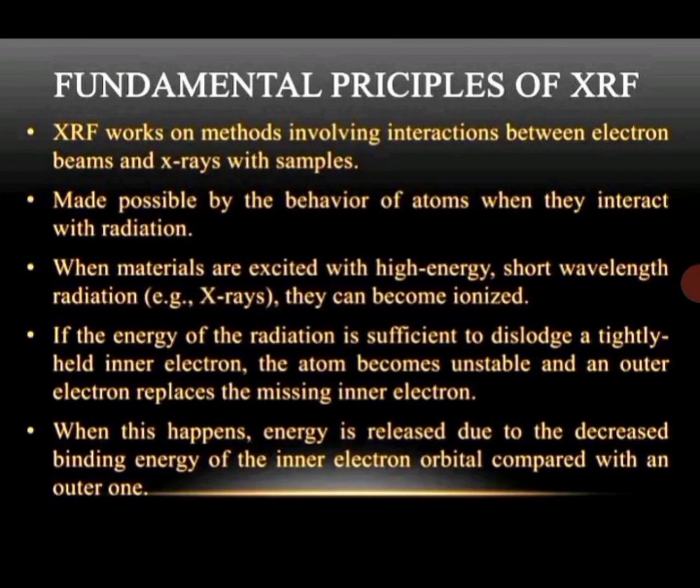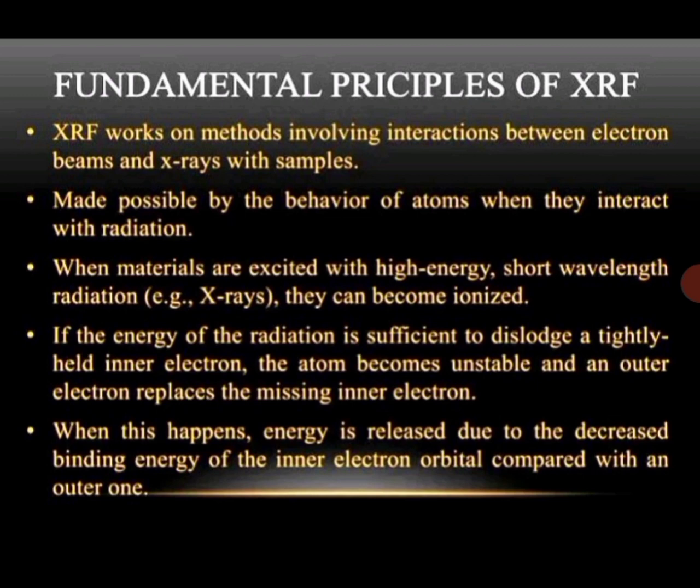Next, fundamental principle of XRF. Now let us learn its principle. Number 1. XRF works on methods involving interaction between electron beams and X-rays with samples. Number 2. Made possible by the behavior of atoms when they interact with radiation. Number 3. When materials are excited with high energy, short wavelength radiation, for example X-rays, they can become ionized.